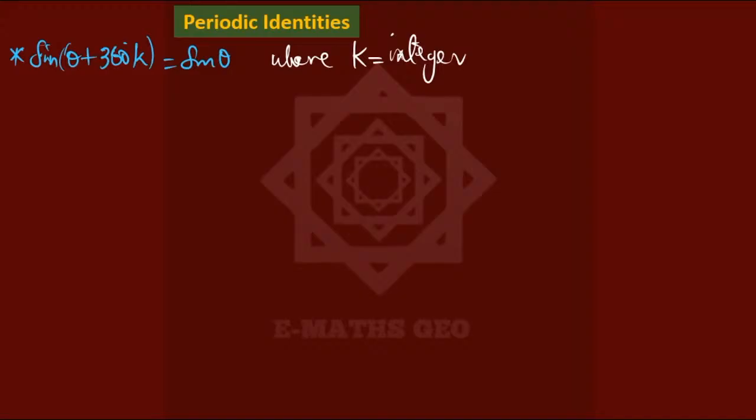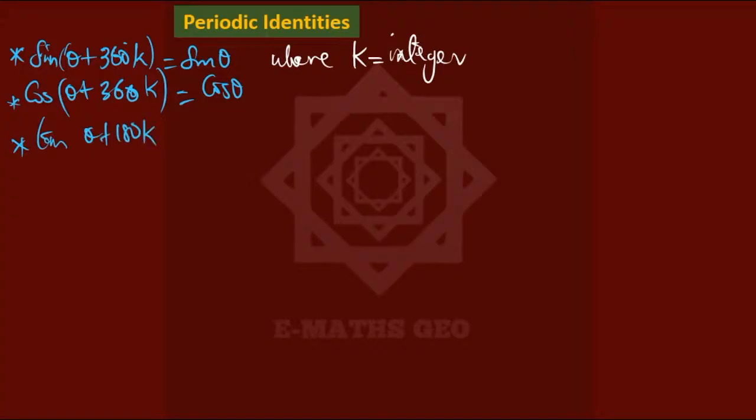The same is true for cos: cos of theta plus 360k is always cos theta. But for tan it is 180k, so the answer is tan theta. So it's just a higher angle. But if you notice, if you add theta to 360 times an integer, for it to be within the ones we've been solving, k will be 0. So now k is larger than 0, an integer like 1, 2, 3.